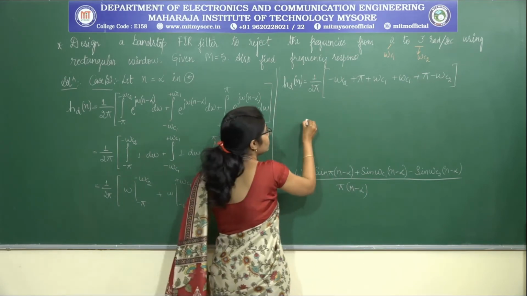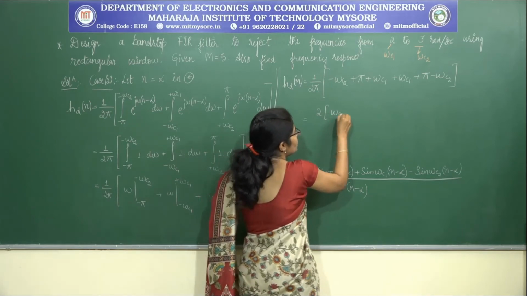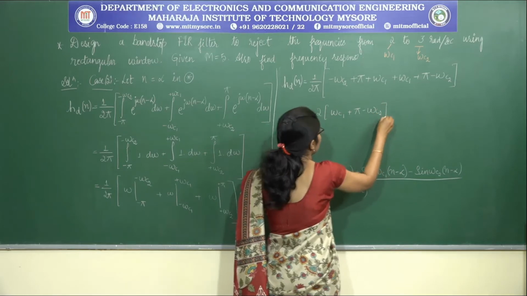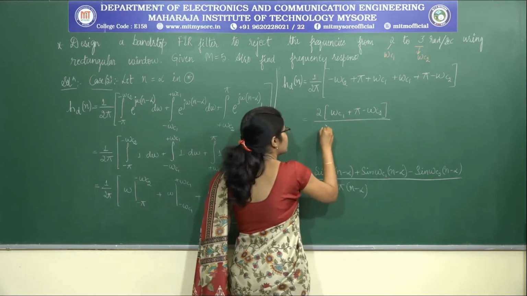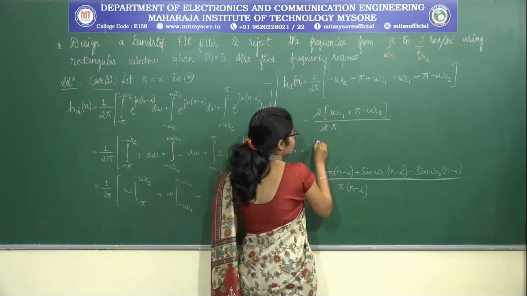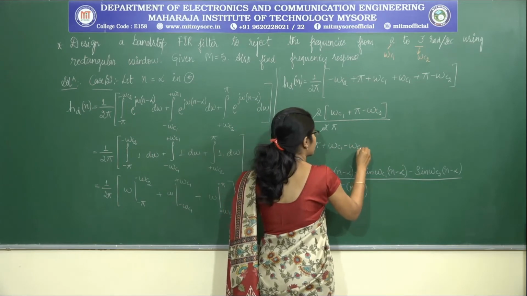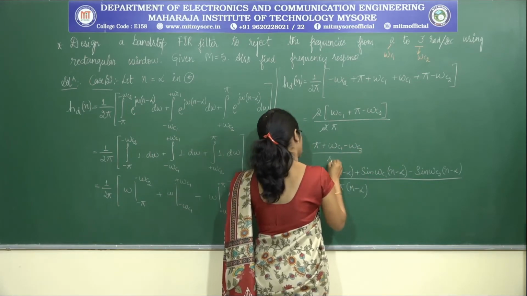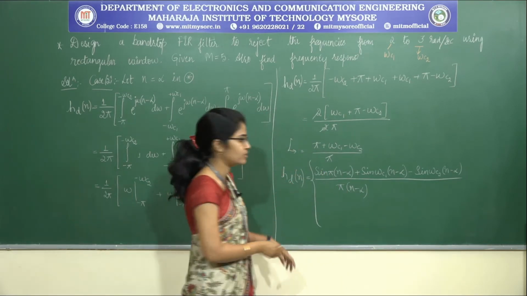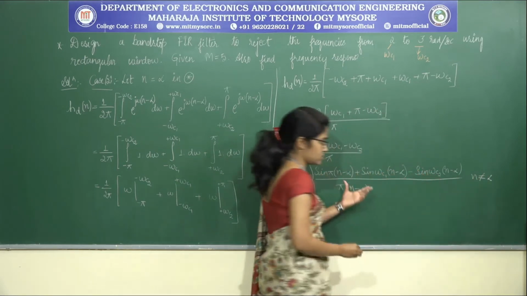If I add all those and take 2 as common factor, it will be 2 into omega C1 plus pi minus omega C2 divided by 2 pi. So I can cancel 2 and 2, which will be equal to pi plus omega C1 minus omega C2 divided by pi. So therefore, the equation for HD of n when n was not equal to alpha was this one.